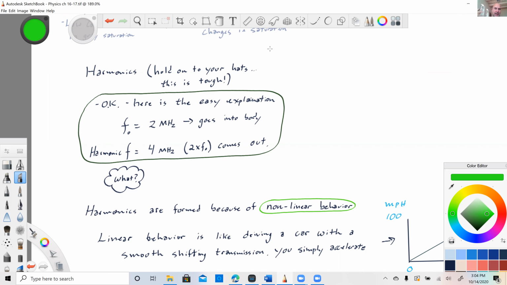So the easy explanation, if you want to go easy on yourself and learn the bare minimum of what harmonics is: a fundamental frequency goes in, let's say 2 megahertz, and the body, just through the interaction of the sound traveling through it, creates harmonic frequencies.